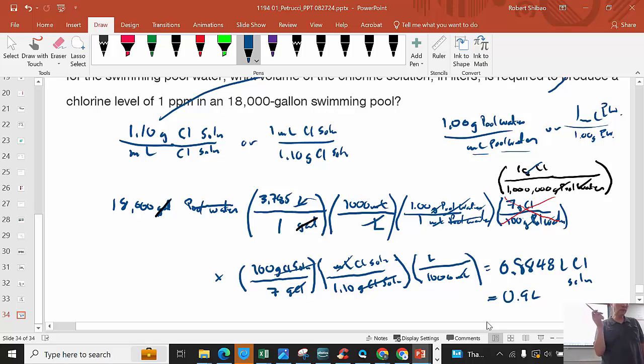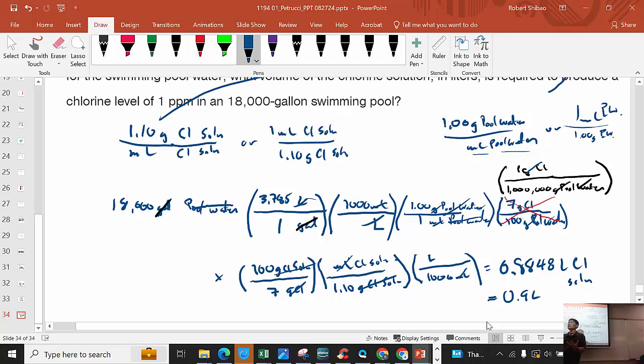And so this is a point Jackson brought up, this 18,000 gallons. I calculated the amount of chlorine based on having a pool that's 18,000 gallons, but what happens if I dump more liquid into the pool? What happens to the volume? It goes up. So by adding this chlorinating solution, the volume is not 18,000 gallons anymore.